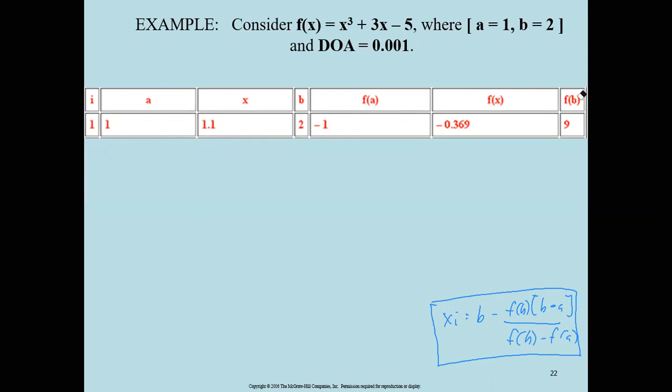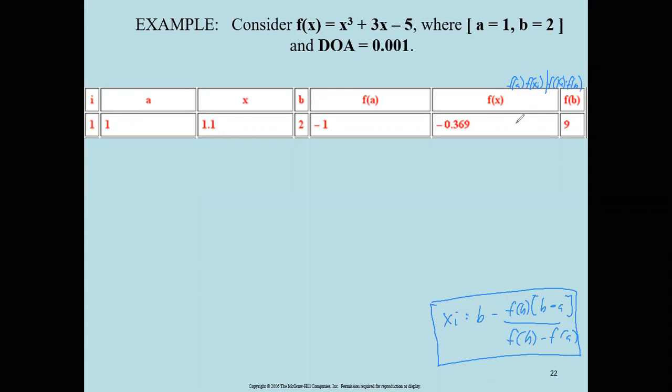So of course, to determine f of a and f of b, just substitute these two values to the given function. No? So f of x can be obtained by substituting this value of x to the given function. So for the next iteration, in order to choose the value of a and b, we need to investigate the change of sign. No? So if we try to multiply f of a and f of x, or f of x and f of b, no?